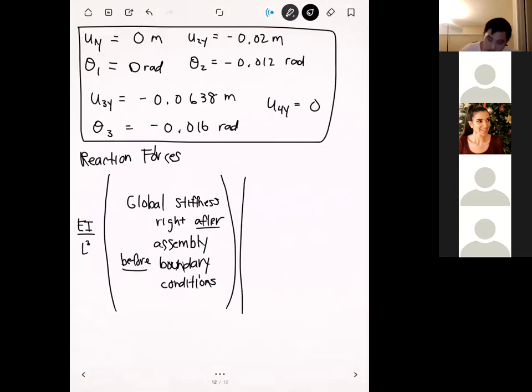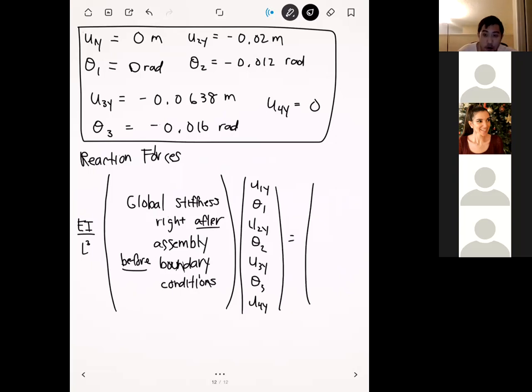To this, we're going to multiply our vector of solutions, which we just found: U1y, theta 1, U2y, theta 2, U3y, theta 3, and U4y. This gives us all of the forces at all the nodes: F1y, M1, F2y, M2, F3y, M3, and F4y.